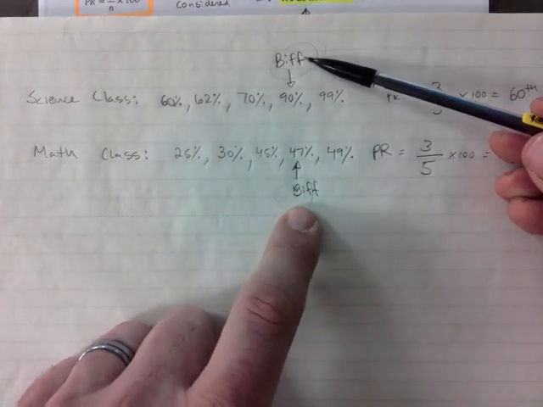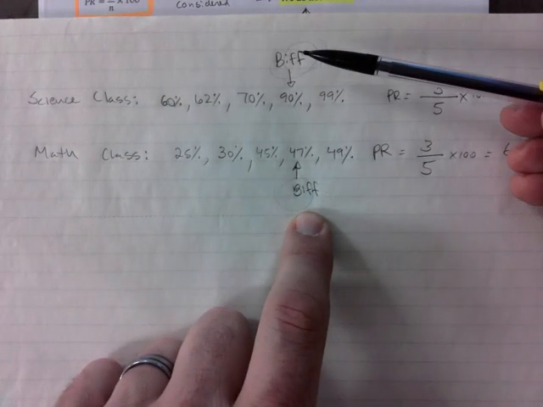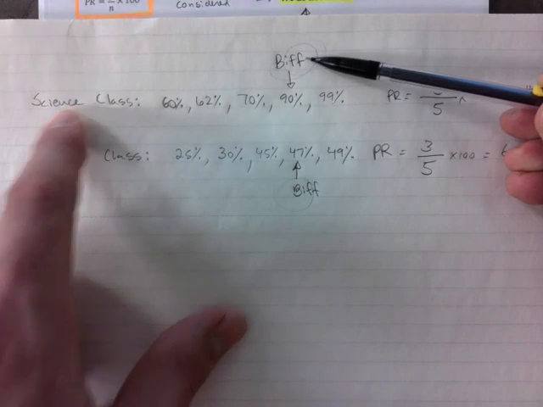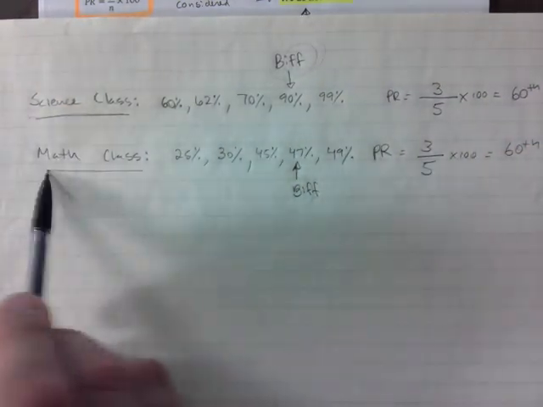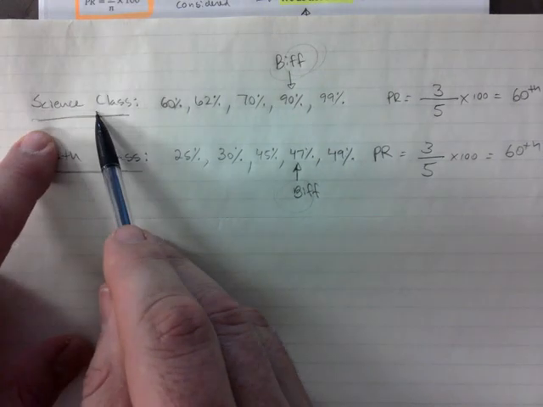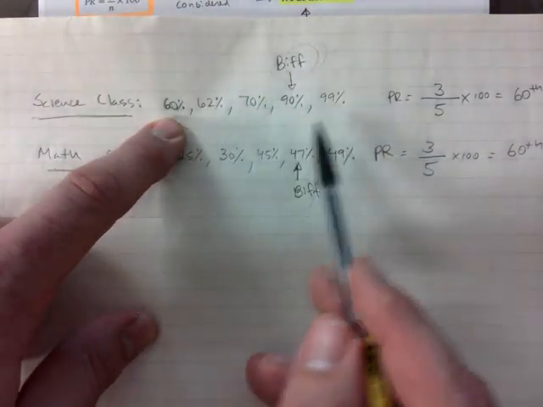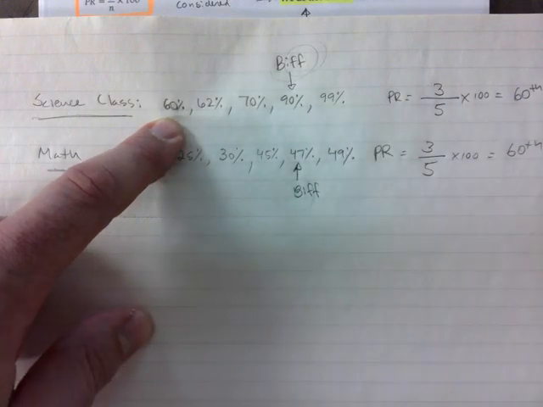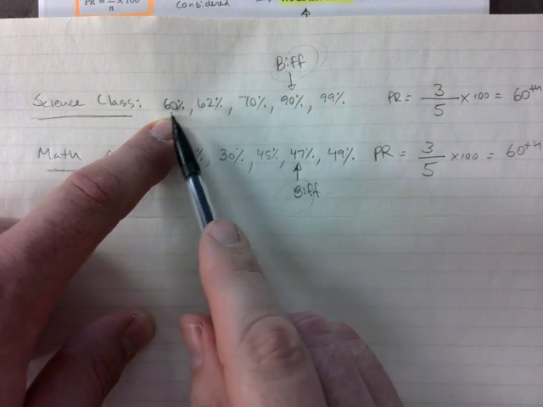My old high school teacher always used Biff and Chip for all of the questions. So let's say Biff is in science and in math. Just pay close attention to what I'm trying to illustrate here. In science, there are 1, 2, 3, 4, 5 test scores of classmates. Maybe Biff asked around, hey, what did you get? Not that you ever do that.